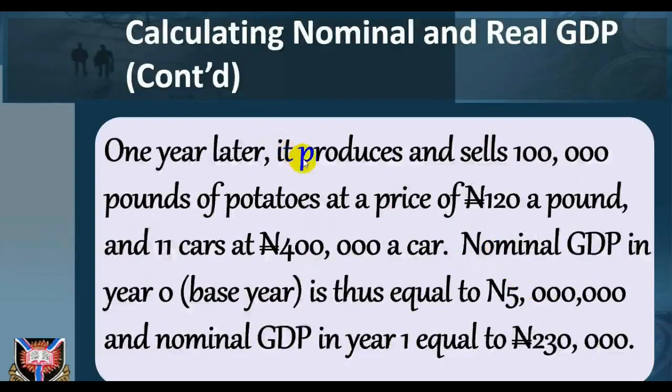One year later, in year 1, it produces and sells 100,000 pounds of tomatoes at the price of 120 naira a pound and 11 cars at 400,000 a car. Nominal GDP in year 0, the base year, is thus equal to 5 million, and nominal GDP in year 1 is equal to 230,000 naira.